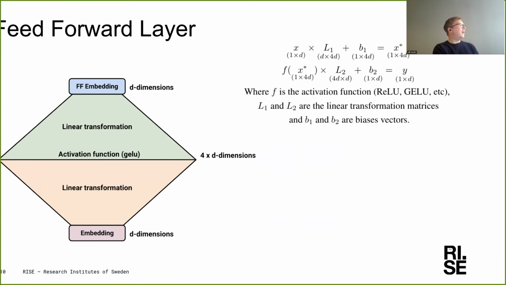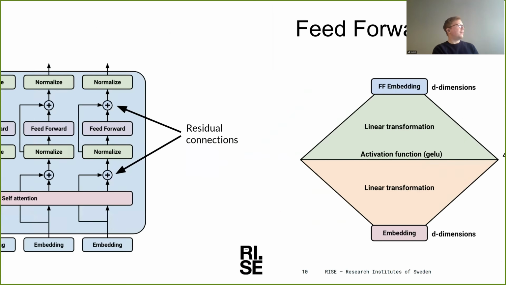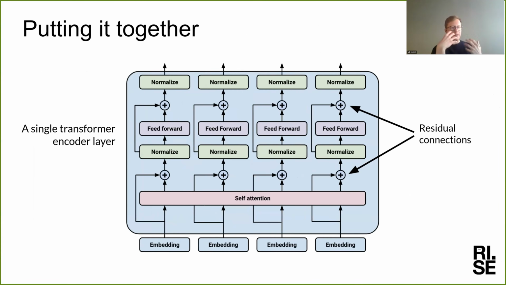The feed-forward layer of a transformer is a classical multi-layer perceptron. These two parts are combined together, so you have interleaved self-attention and feed-forward layers, basically.